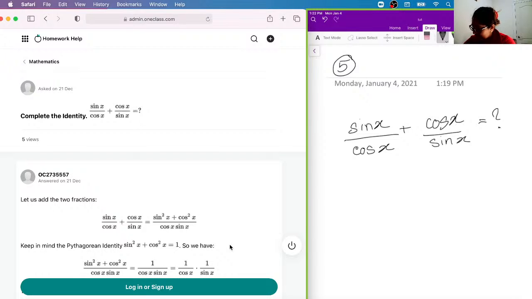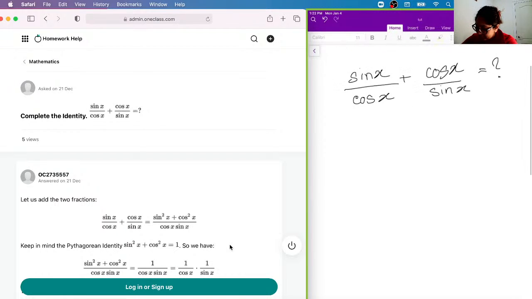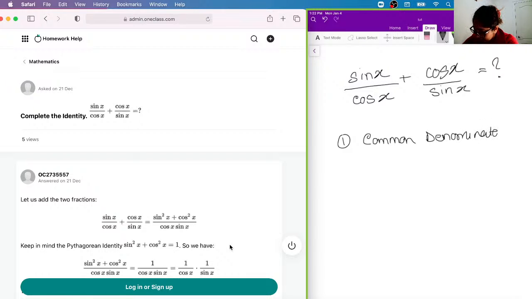So in this case, you can see we have two fractions here, and so the first step would be to combine it into one whole fraction. To do that, we first have to find the common denominator. You can see there's nothing in common, so we're going to have both of the denominators as the common denominator, which would be cos x sine x.